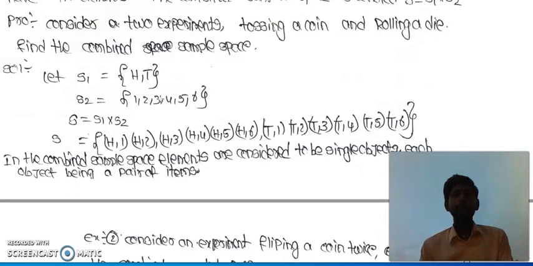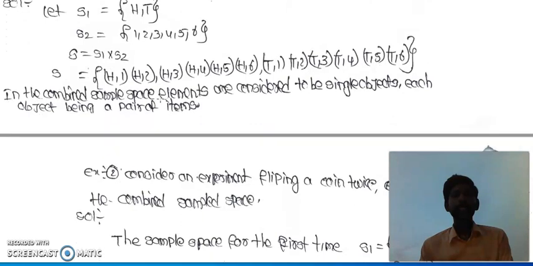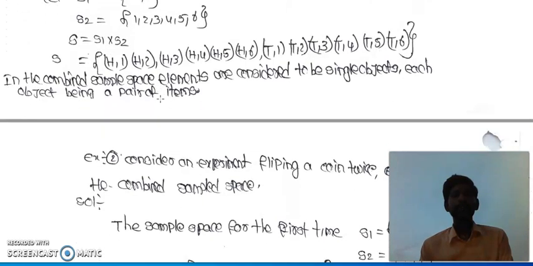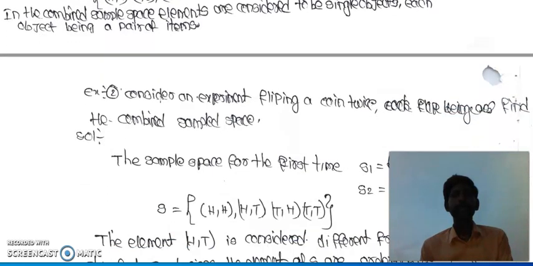S equals H1, H2, H3, H4, H5, H6, T1, T2, T3, T4, T5, T6. In the combined sample space, elements are considered to be a single object, each object being a pair of items.